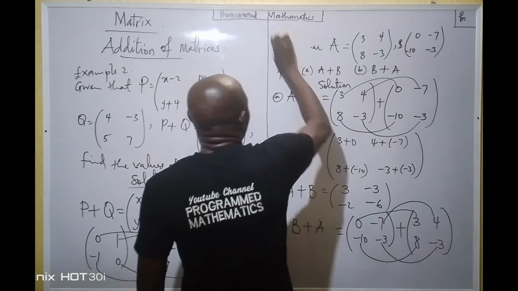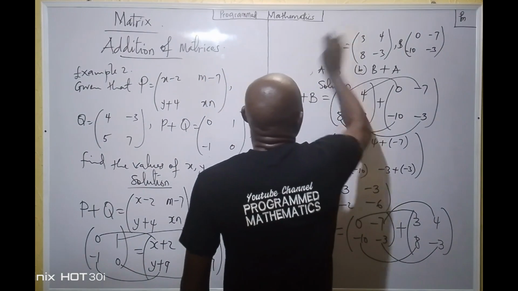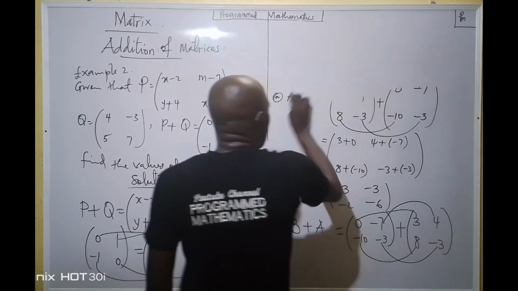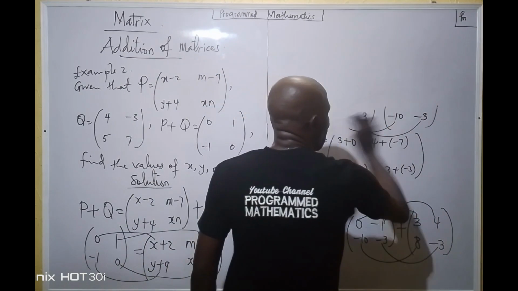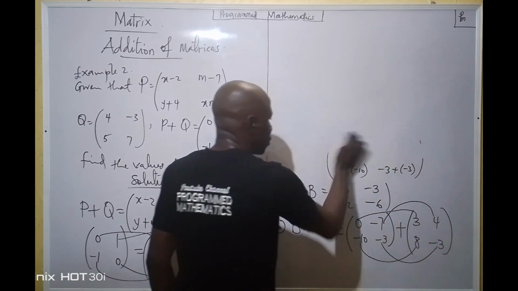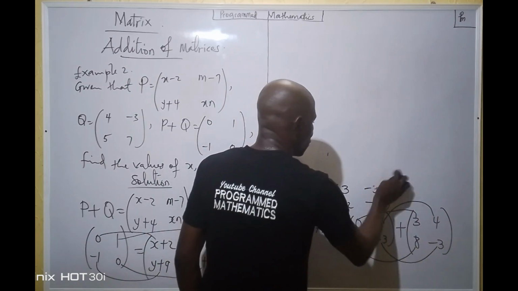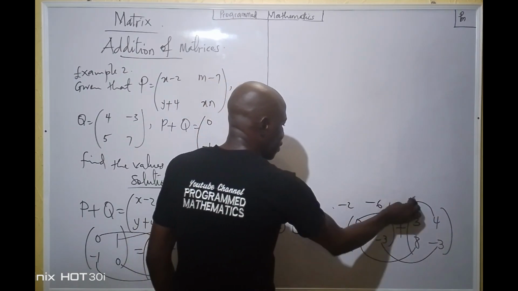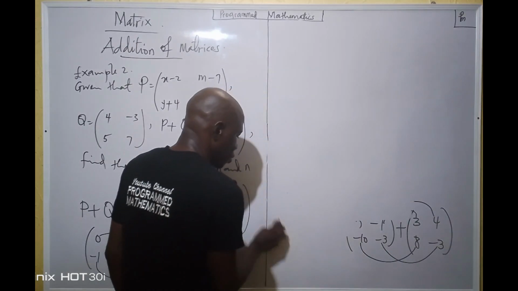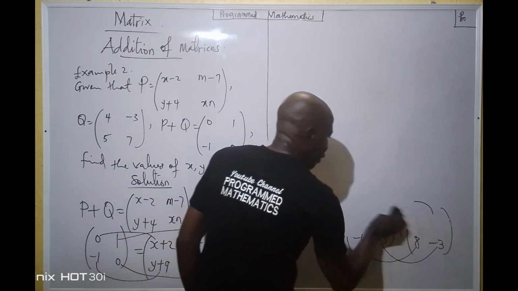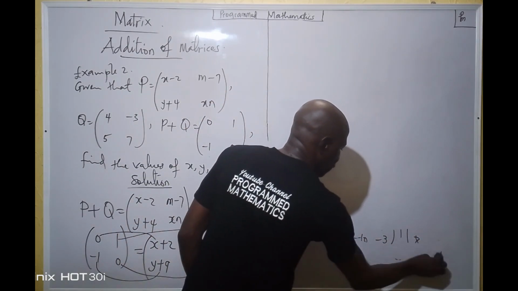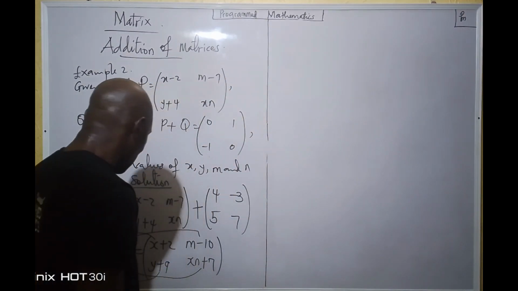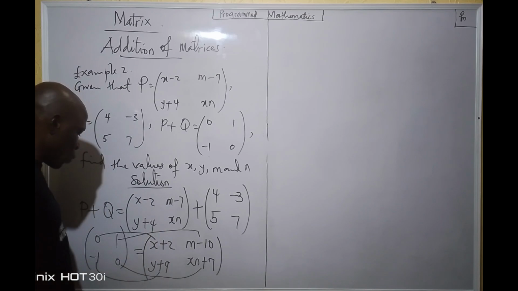So let's look at that here. You can pause the video as well and solve this question for x, y, m, and n. If you pause the video, solve the question, wait patiently to see if your result will tally with what I'm going to do here.